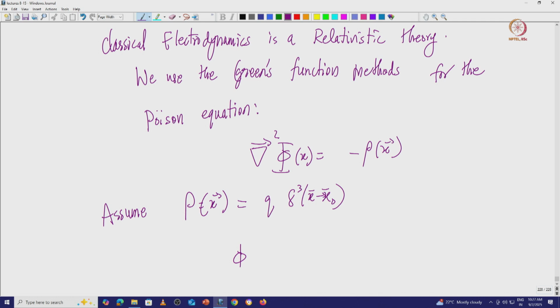And the Fourier decomposition of phi of x is equal to the integral d cube k by 2 pi cube, phi tilde of k, e power i k x. I just wrote down the Fourier decomposition of phi.